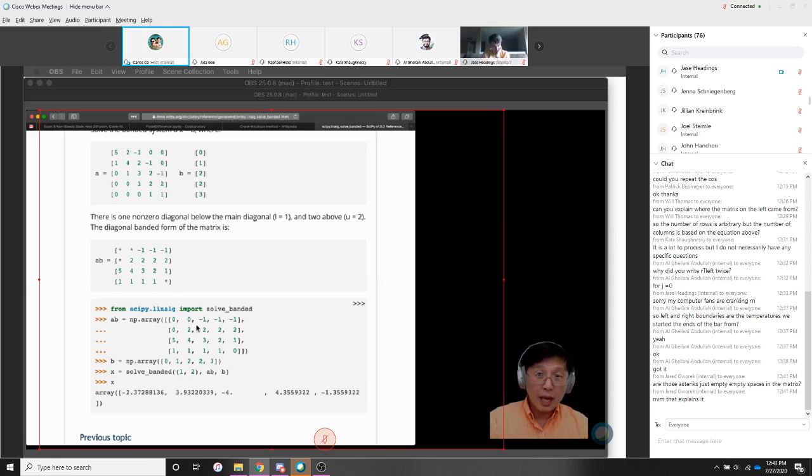In that case, there's this diagonal and this diagonal, so there are 2 diagonals above the main diagonal, and 1 diagonal below the main. That's what the 1 and the 2 stand for. Then you provide your matrix that just contains the diagonals, where the rows are the diagonals. They call it AB, followed by the vector that you want to solve for.